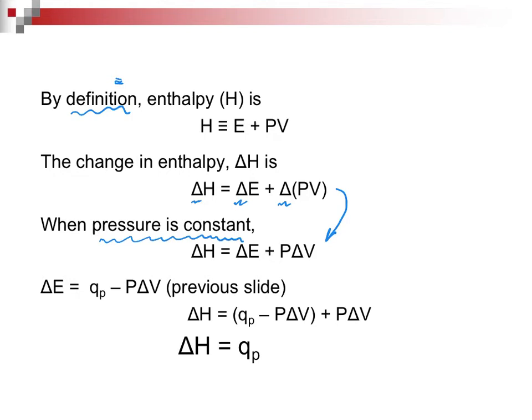On the previous slide, we defined the change in internal energy as QP minus P delta V. So we will replace delta E with Q minus P delta V. And that gives us the derivation that change in enthalpy is really heat at constant pressure.